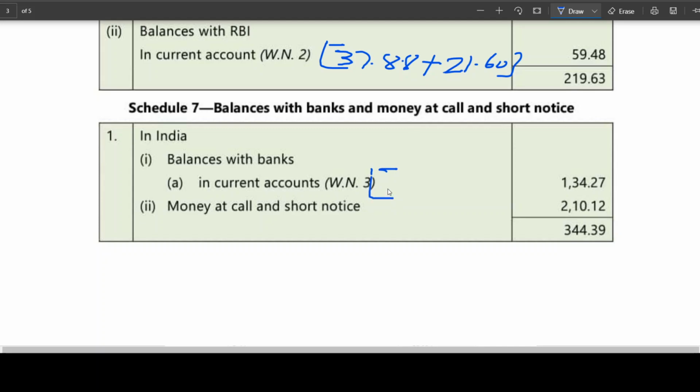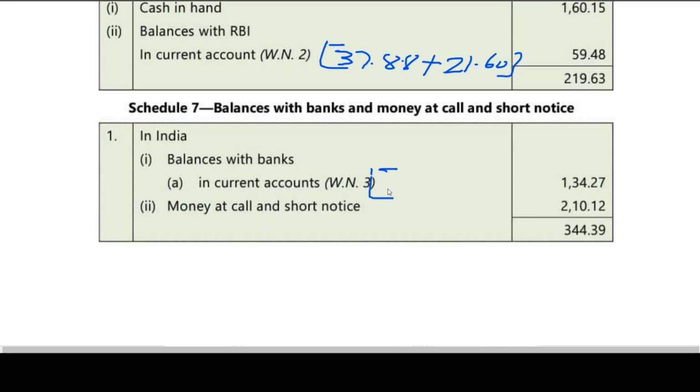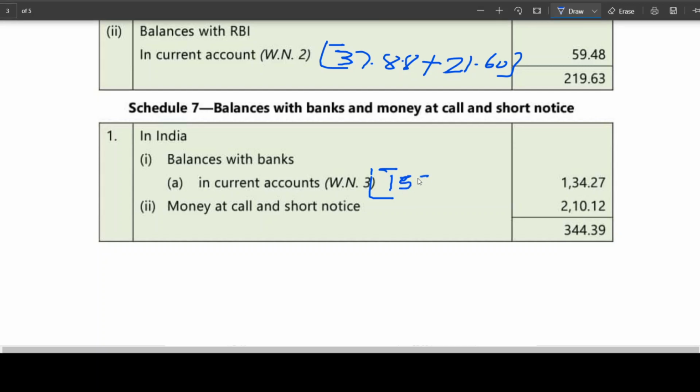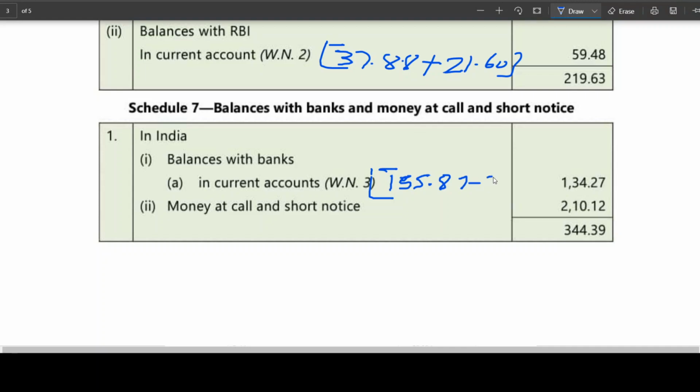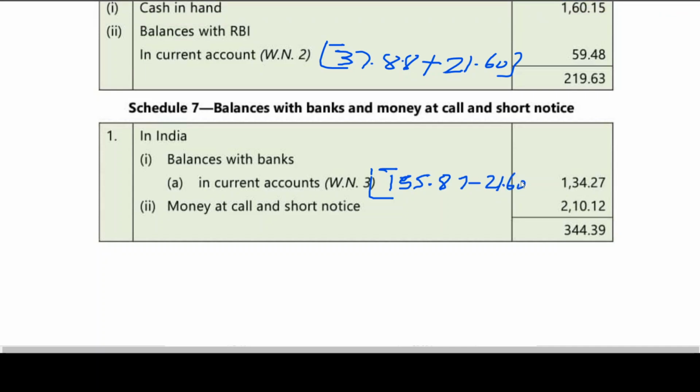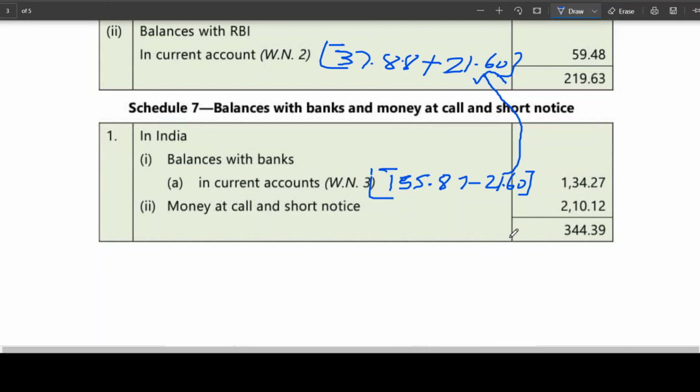The balance with other banks existing is 155.87. In simple words, this 21.60 is going from here to here, going to RBI. Is this clear? From the current account with other banks, it is going to the balance with RBI.